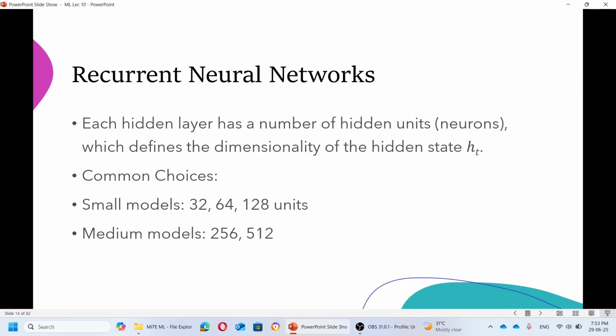As we know, when we say units or neurons, it is the place where we apply the function. This is called a neuron, an application of whatever function we have. Common choices are small models like 32, 64, 128 units, medium models 256, 512, and large models 1024.